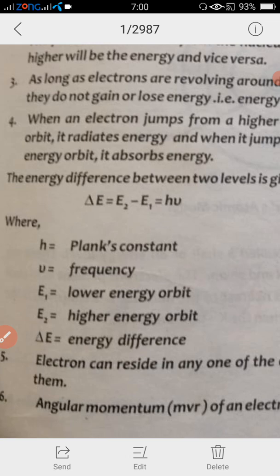Photon is a light particle. So it is explaining that the amount of energy will increase when the frequency of the electromagnetic wave increases. So what is mu? Mu is the frequency. And now we are moving to point number 5.